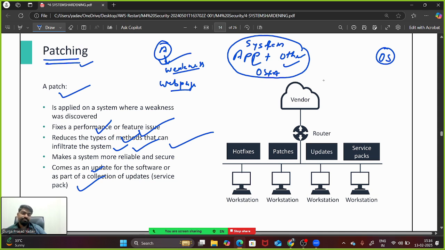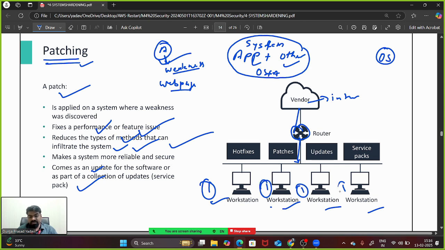For example, let's say these are the vendors, this is the internet, and this is your router, and from the router the traffic will come to all these systems available at the workstations. Now this one has one problem, another has another problem, and so on. So you can fix the problems one by one.